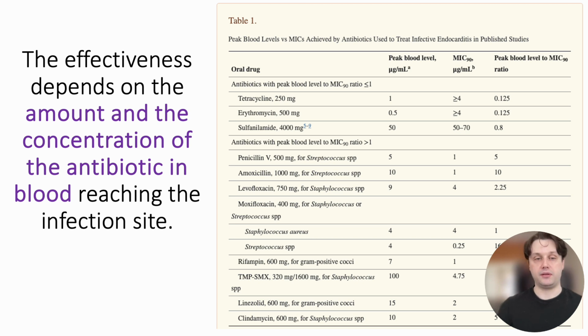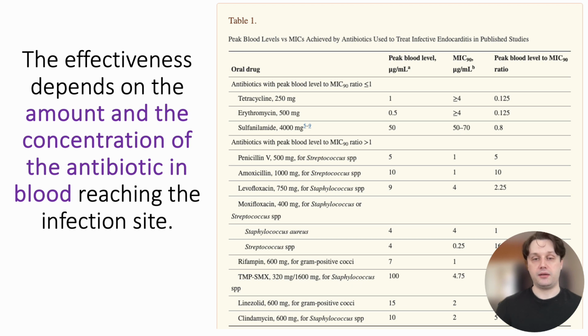So it's really the amount that is present in the blood and the amount that actually reaches the site, as well as the concentration. The amount in the blood that reaches the site is the peak blood level, and the concentration is correlated to the MIC, or the minimum inhibitory concentration.